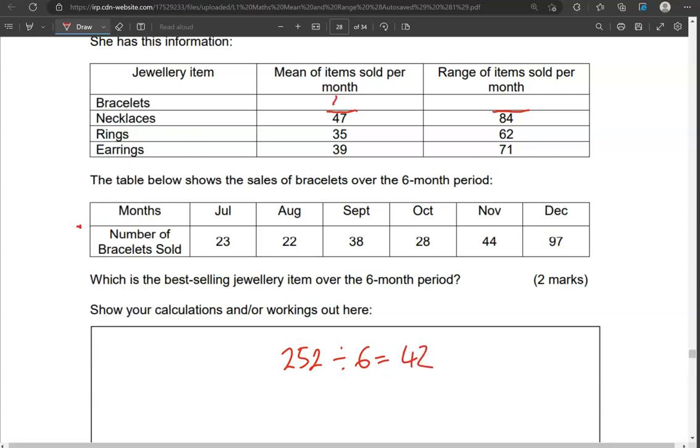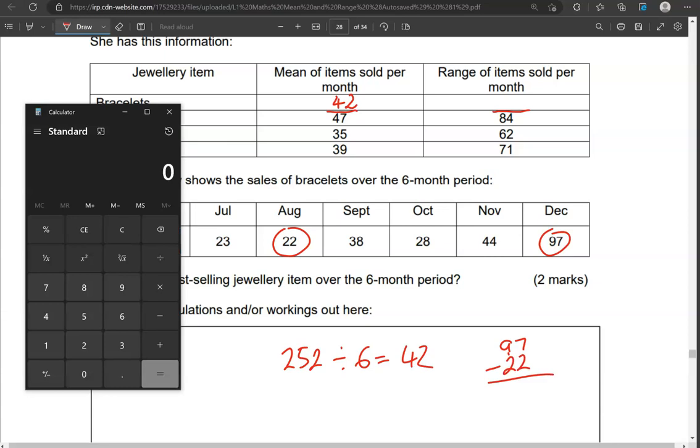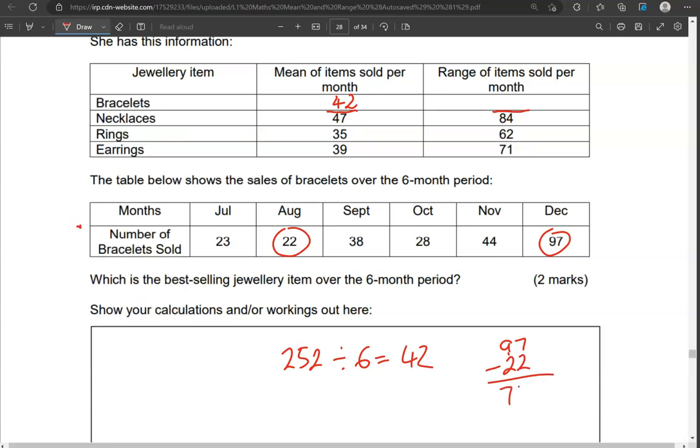So we can put the mean here for bracelets. The range, so we've got the highest value in December, which is 97, and the lowest value in August, which is 22. So 97 take away 22 gives us 75.